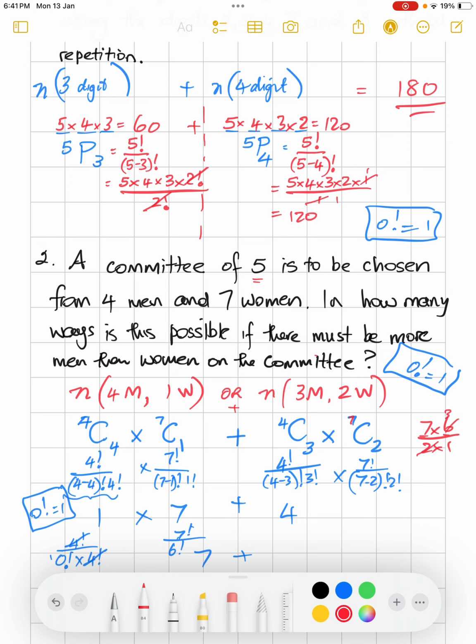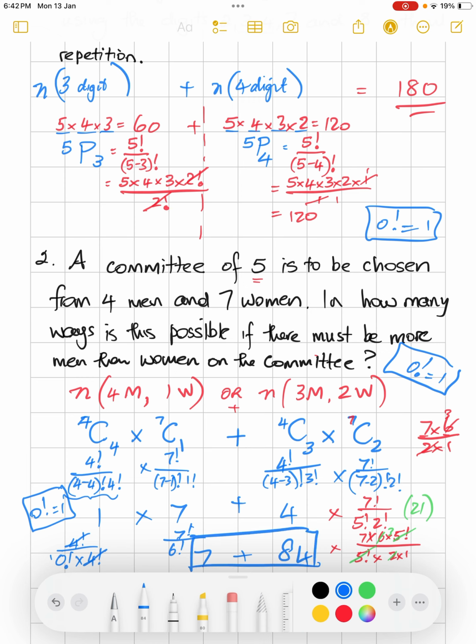And 2 goes into 6 3 times, so we get 21. Or if you do this, 7 factorial over 5 factorial and 2 factorial, which is 7 times 6 times 5 factorial over 5 factorial times 2 times 1. 5 factorials cancel, 2 cancels into 6 is 3, 7 3s are 21. So it's 21 times 10 is 210.